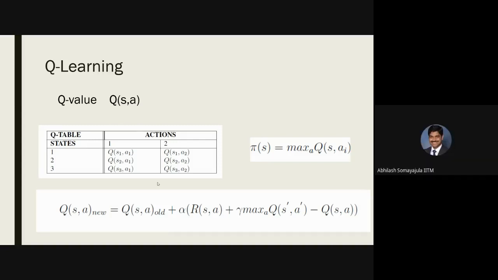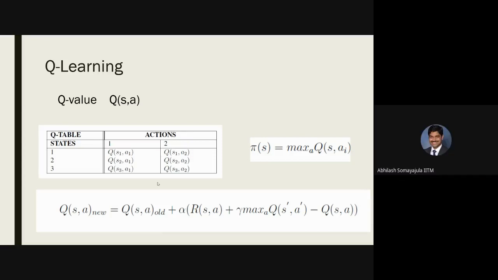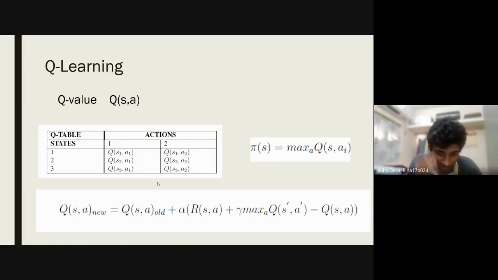Has anybody asked about alpha so far? I didn't explain about alpha. So alpha here is the learning rate. It is a hyperparameter. Basically, it is a weight about how much you want to update the q values. Alpha equal to 1 essentially means that you are averaging your old q value with the TD error.